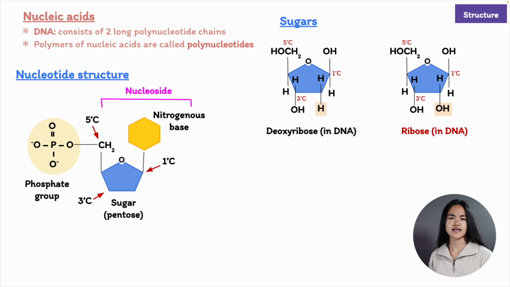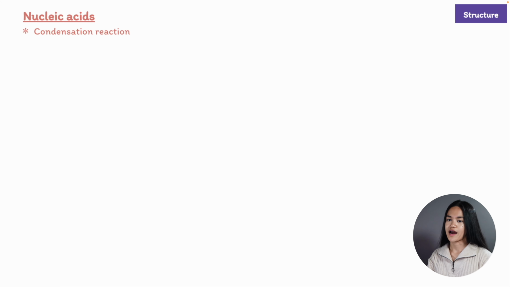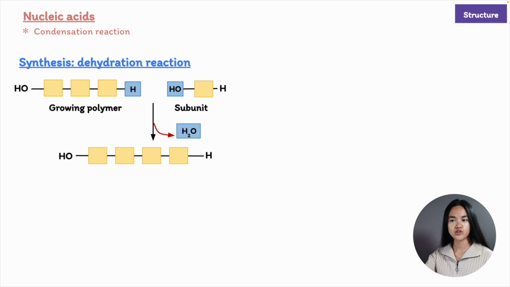How are nucleotides then linked into polynucleotides? Let's go through this. This involves a condensation reaction. If you recall how polymers are synthesized, it involves two molecules covalently bonded to each other. So quick revision, each monomer contributes part of the water molecule that is released during the reaction.